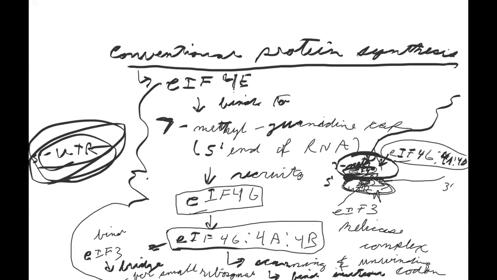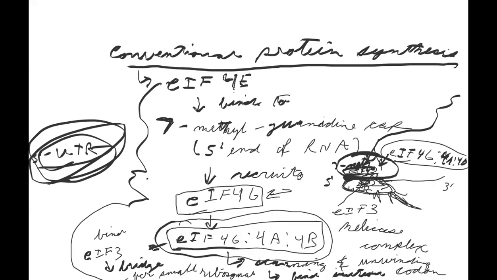That will recruit something called EIF4G. Okay, and then that will help to build this helicase complex, which is called EIF4G, 4A, 4B. This right here will help with the binding of EIF3, which helps to bind the small part of the ribosome that's binding to the messenger RNA.